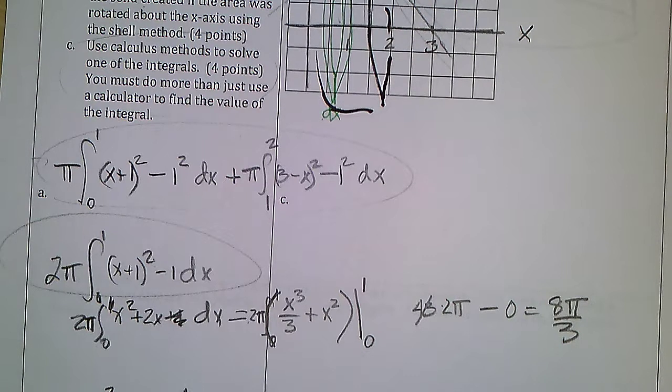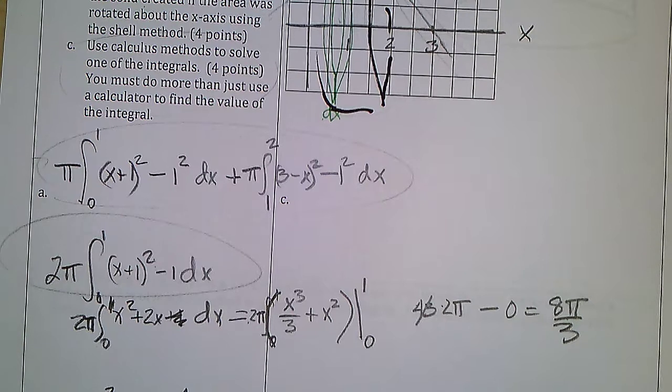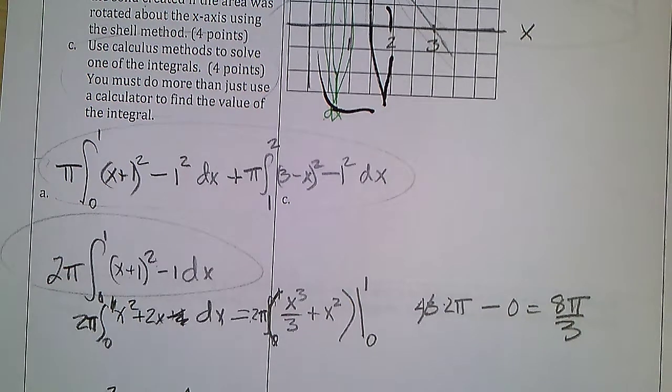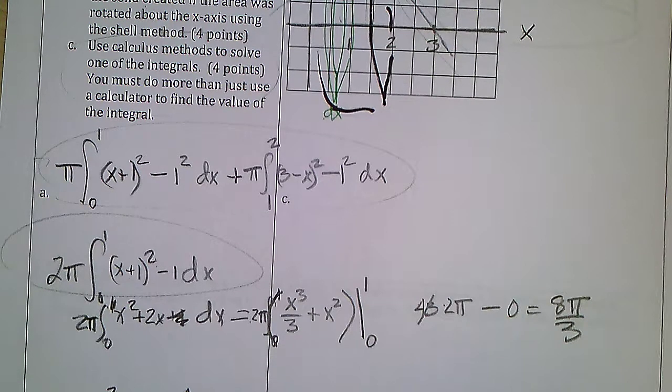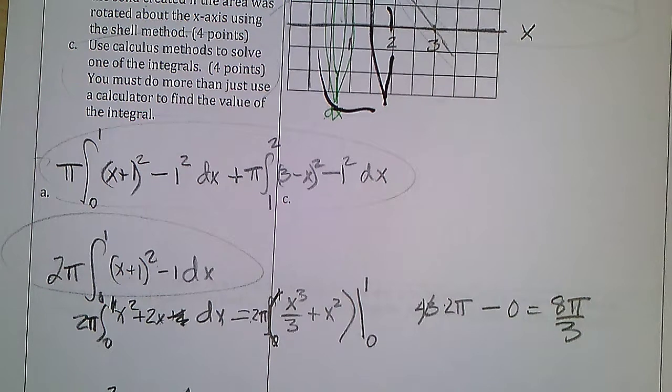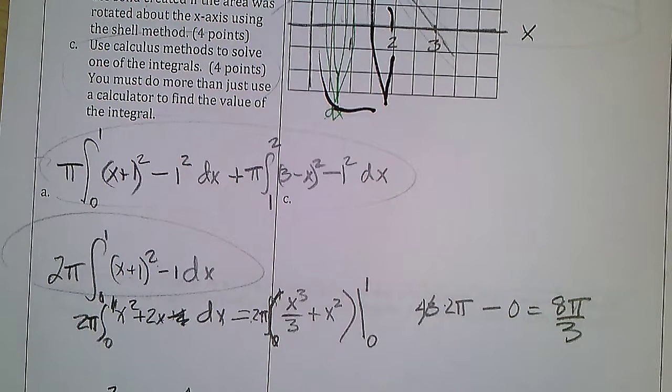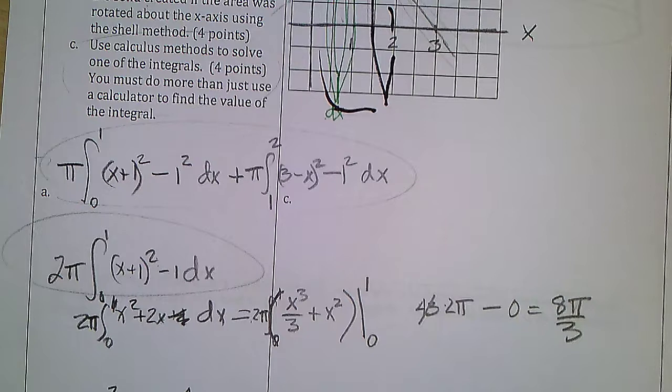Minus 16/3 plus 2/3 is minus 14/3, times 2 pi. And 6 is 18/3. So we've got minus 14/3 plus 18/3 is 4/3, which would be 8/3 pi.